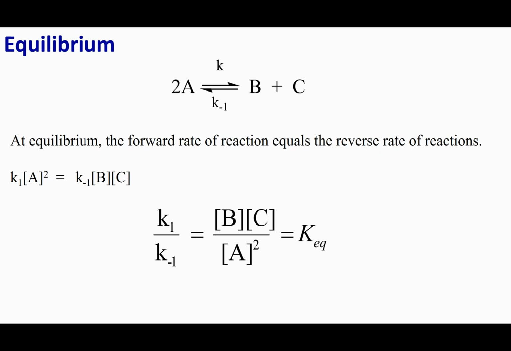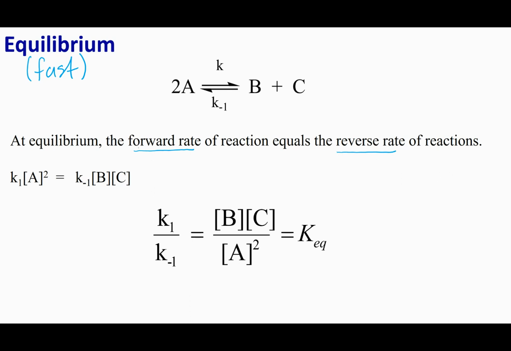To do this kinetically, the forward rate of my reaction has to equal the reverse rate of my reaction. In these particular equilibriums, I want you to note that these are fast equilibriums. That means equilibrium is established relatively fast.